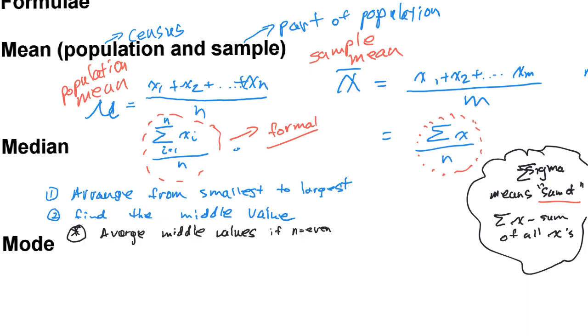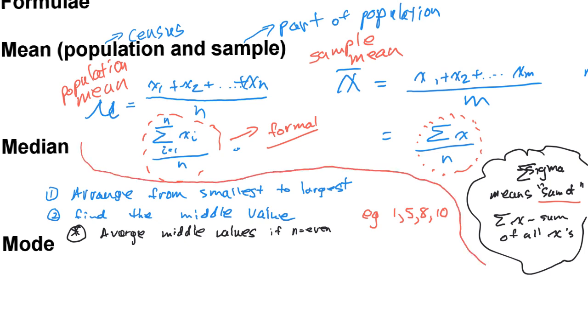And so I said here, average your middle values if they're even. So here's an example. You've got 1, 5, 8, and 10, right? And with 1, 5, 8, and 10, you'll notice that there is no middle value. The middle is actually in between here. So we're going to have to average these two.